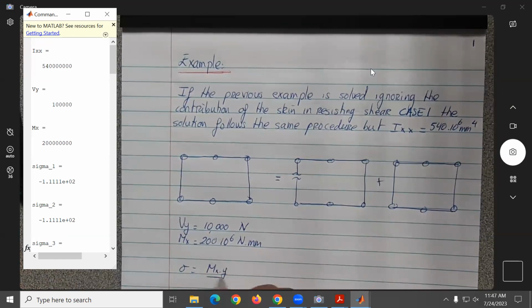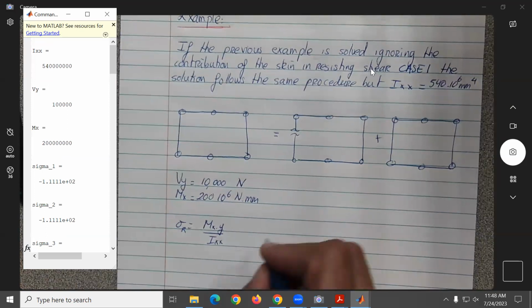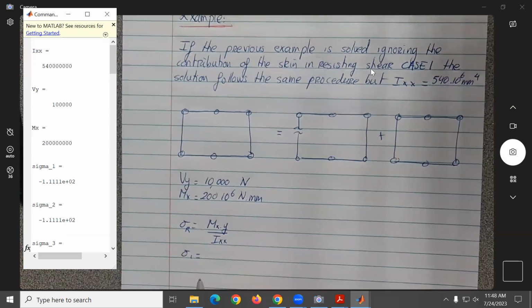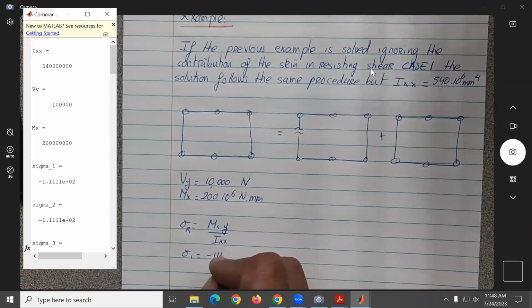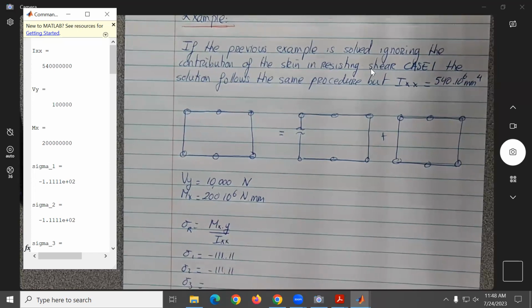Okay, so we found, remember the equation is sigma equal M x over y divided by Ixx for each one of the booms r. So over here we have that sigma 1, the bending stress, is equal to negative 111.11. So the top is in compression, negative 111.11. Sigma 3 will be the same thing.